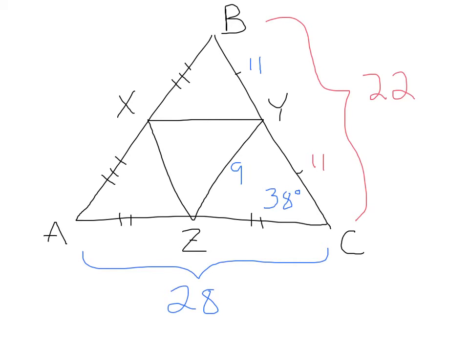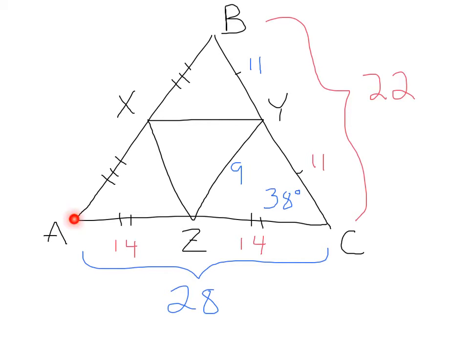We can use the same logic to discuss AZ and ZC. Because the whole length is 28, we know that half of the length has to be half of 28, which is 14. And because AZ is congruent to ZC, we can also say ZC is 14.